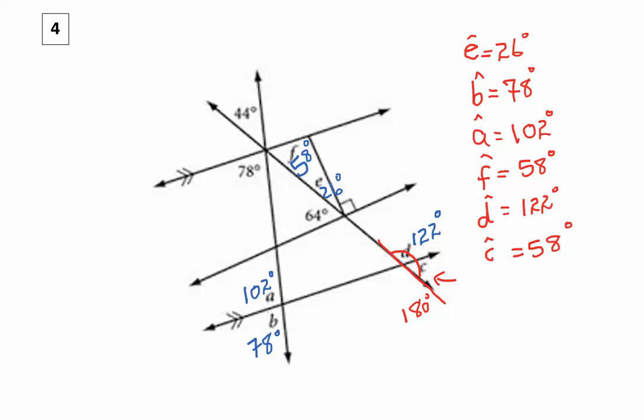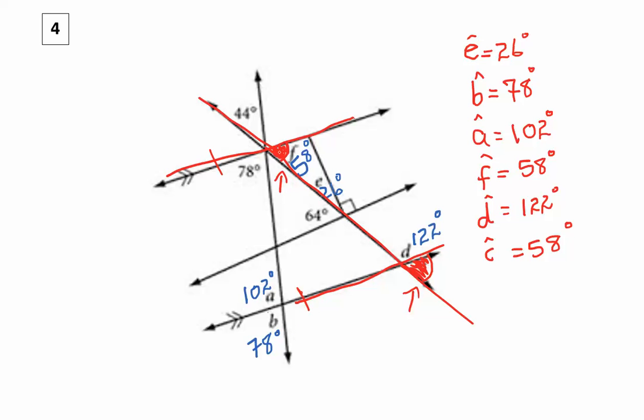Another rule that we can use to determine this is, we've got this angle here and this angle there, C, which are again on the same side of the two parallel lines, which makes them corresponding.